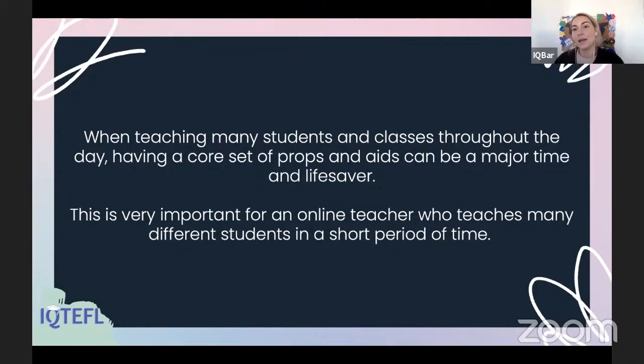I like to go through the lesson material, and if you know your student, and I know this can be tricky because you might have a student for the first time, but if you know your student, you'd know their level of English and where their weak points are. So what I like to do with my regular students, because I have obviously taught them many times before, is I know what they struggle with, and just like you said, I lay my props out so that they're easy to grab.